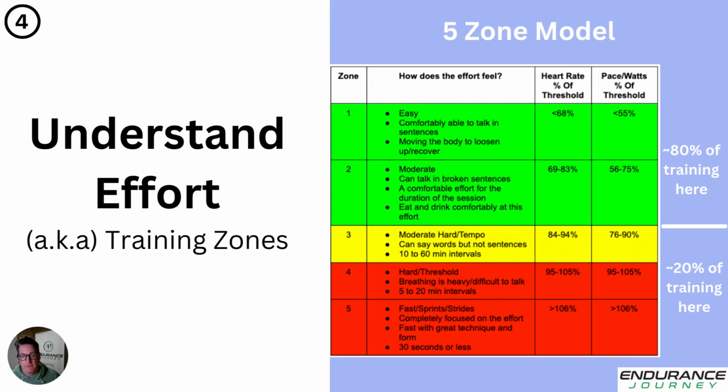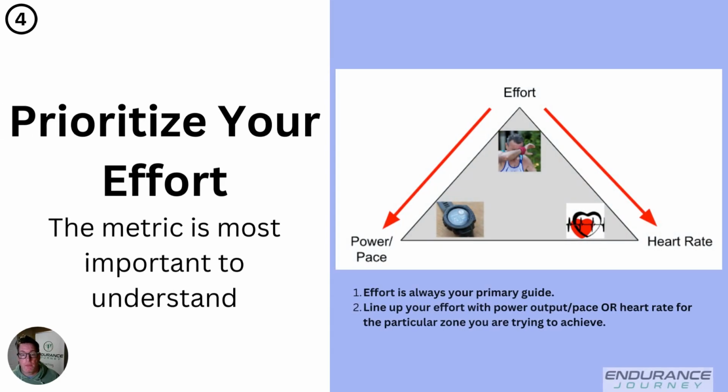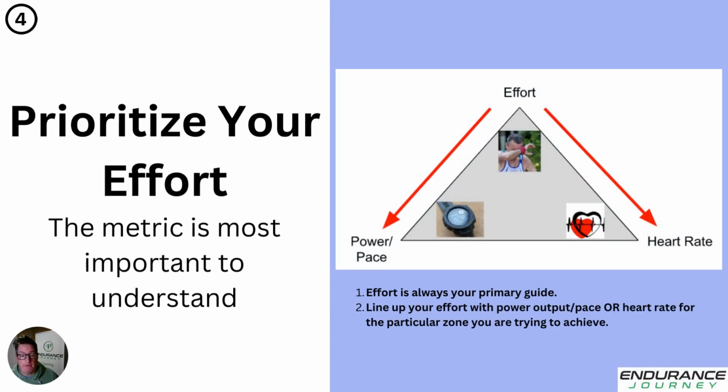And then the other zones 3, 4, and 5, 20% of your training will be there. Because it's more intense, it takes longer to recover from. That's why you do less percent of your training volume in those zones. So there's your zone models and the efforts that relate to it. Why I emphasize effort so much is because it's intuitive.